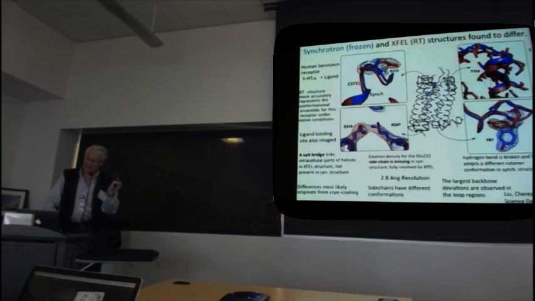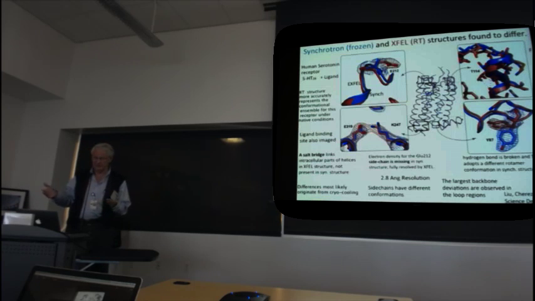Because we're using short pulses instead of freezing to avoid damage, we can look at the structures at room temperature. So it's natural to ask, is the room temperature structure of the protein different from its frozen state? Now, of course, when you freeze samples to put them on the synchrotron, you introduce damage by freezing. But there's less radiation damage as a result of the freezing. On balance, it's believed that you win.